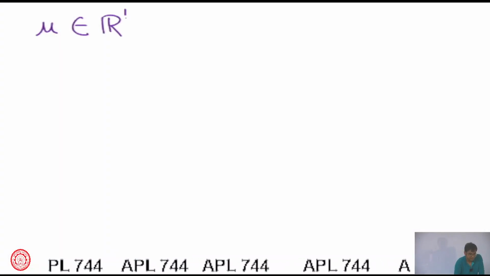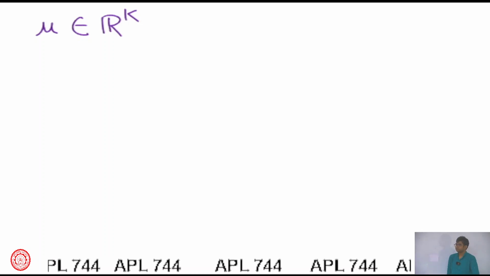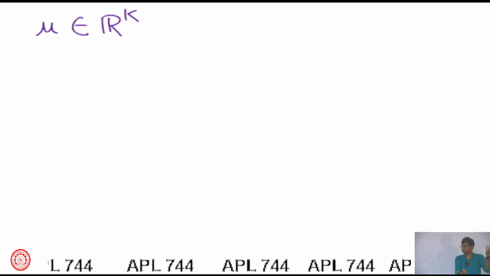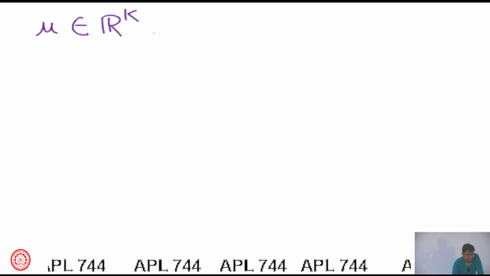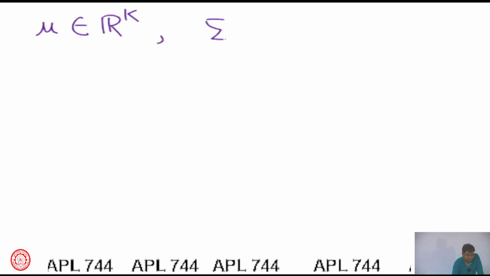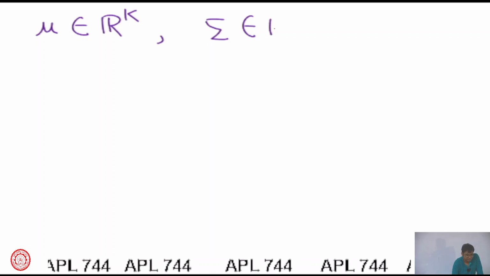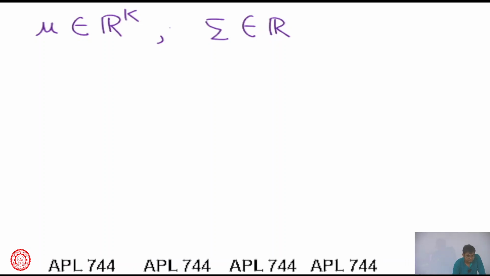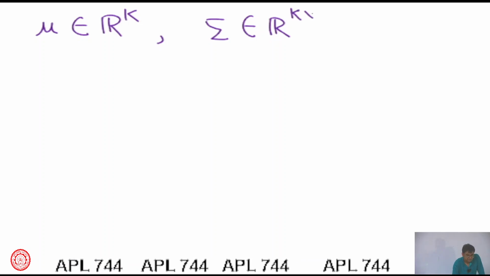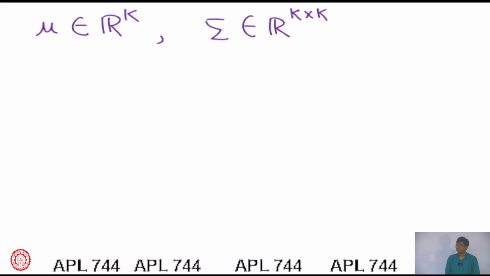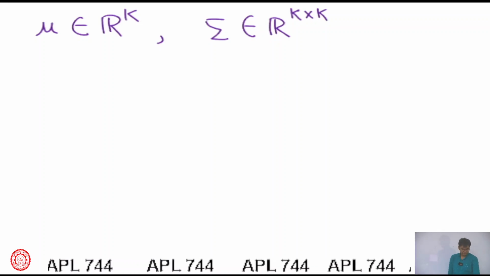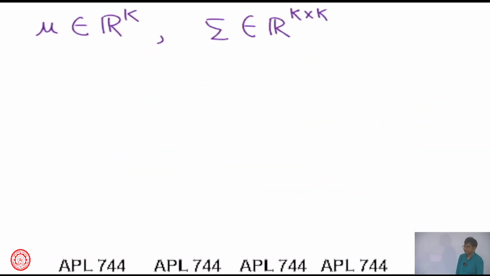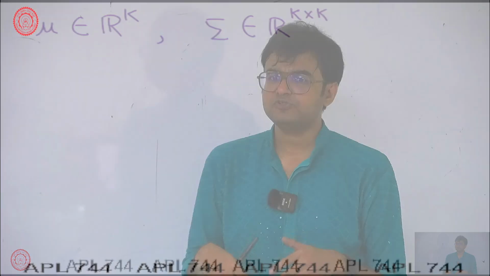Because my x is k dimensional, and your sigma will be the covariance, so if there is k, it will always be k cross k.